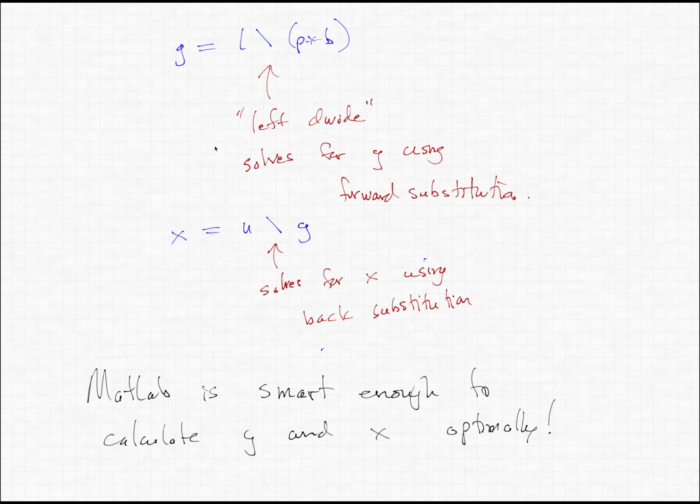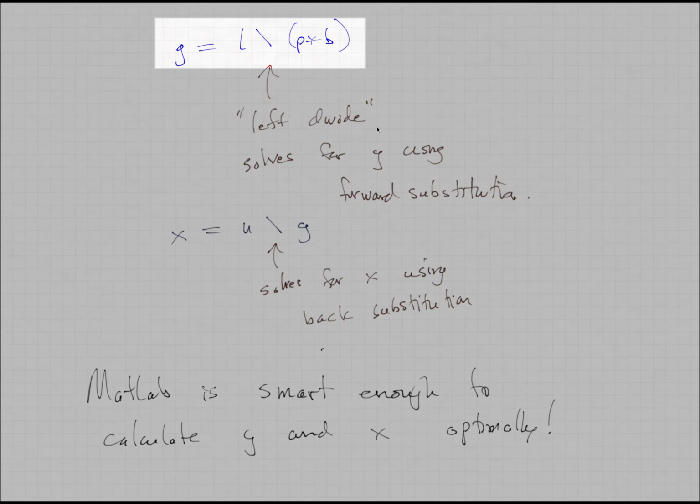One final note, I want to reassure you that when you use the MATLAB backslash operator to solve these linear equations, MATLAB is smart enough to carry out the computation in the optimal way. So for example, when you're solving G equals L backslash P times B, where you're trying to left divide by this lower triangular matrix L, MATLAB is smart enough to know that when you're dividing out a lower triangular matrix, the optimal method is to use forward substitution.